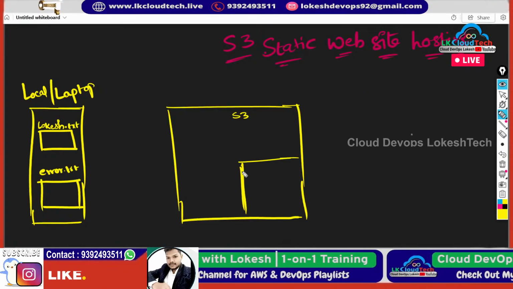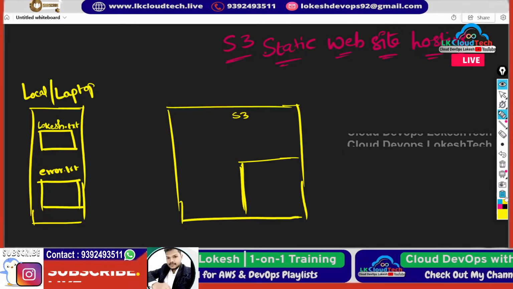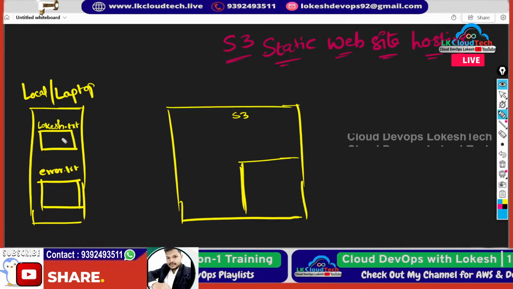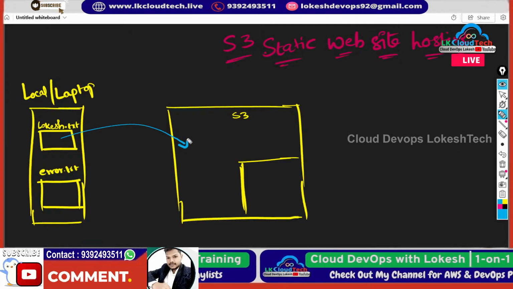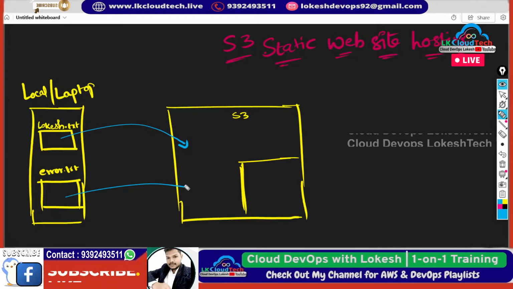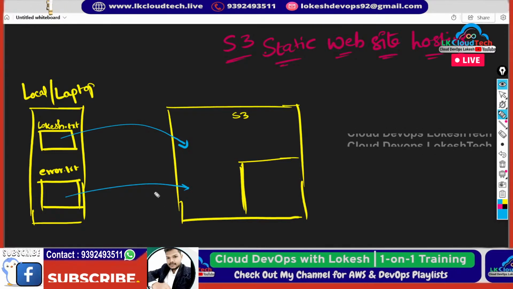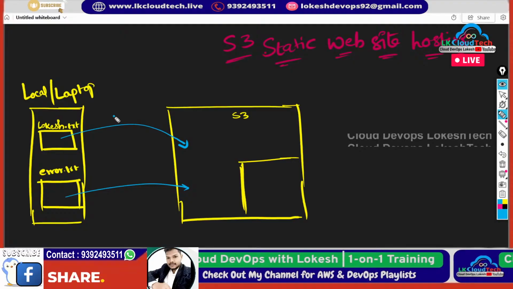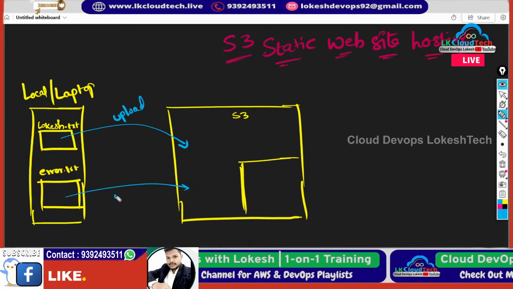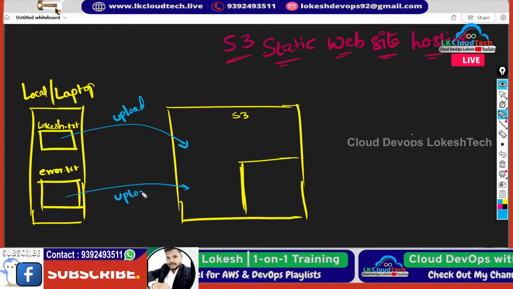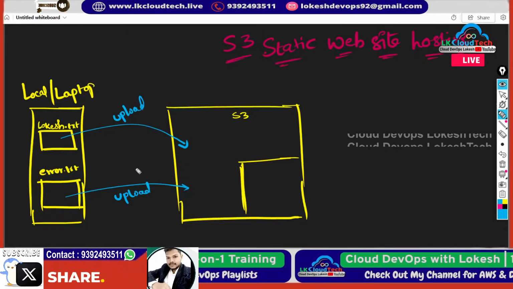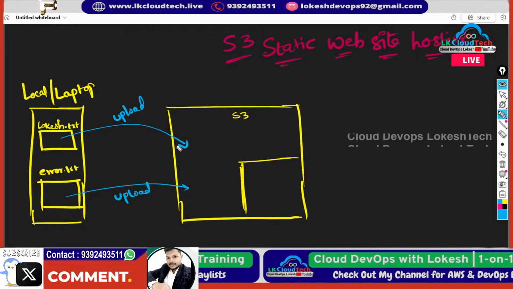What I will do first is upload these two files from my local system into S3. Initially I'll do this. I'll upload these two files in S3.